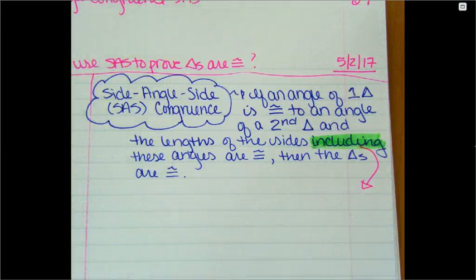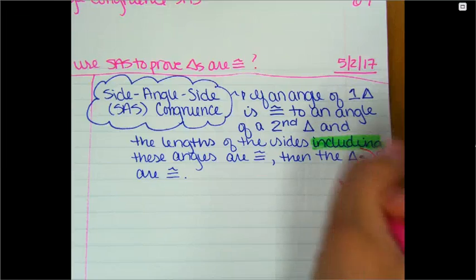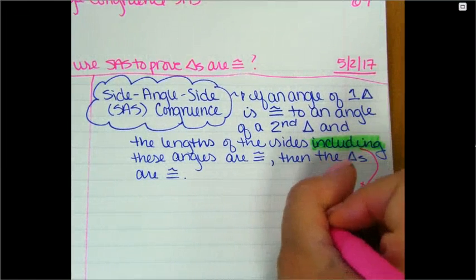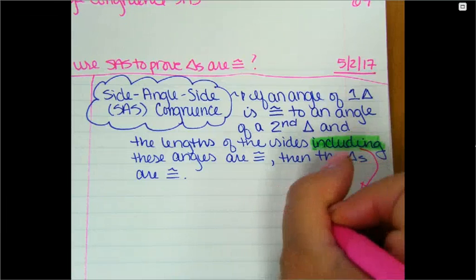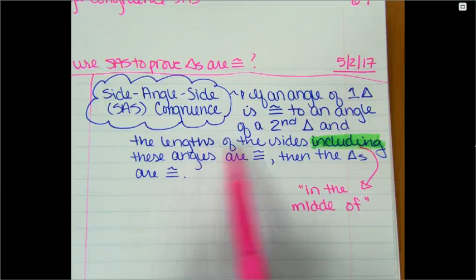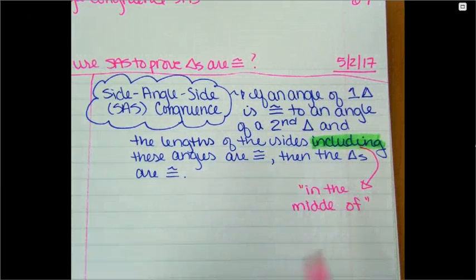Including means in the middle of. So the lengths of these sides are in the middle, like it includes the angle in the middle of it, then it'll make sense.